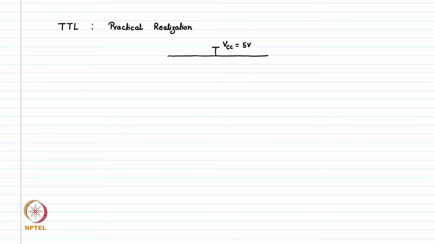Now we have the resistance R1, and then we have these diodes for input. This is input A, this is input B.